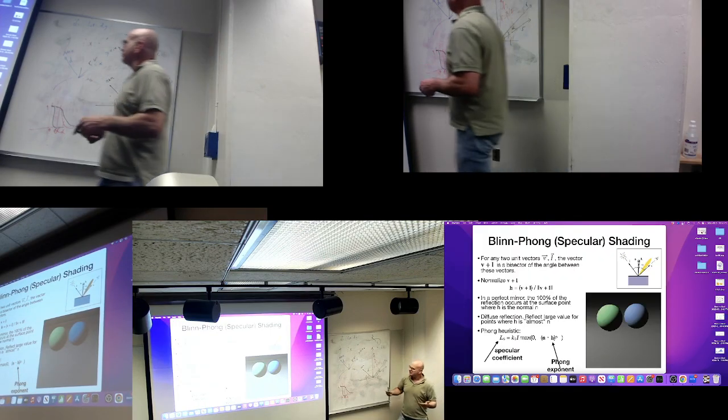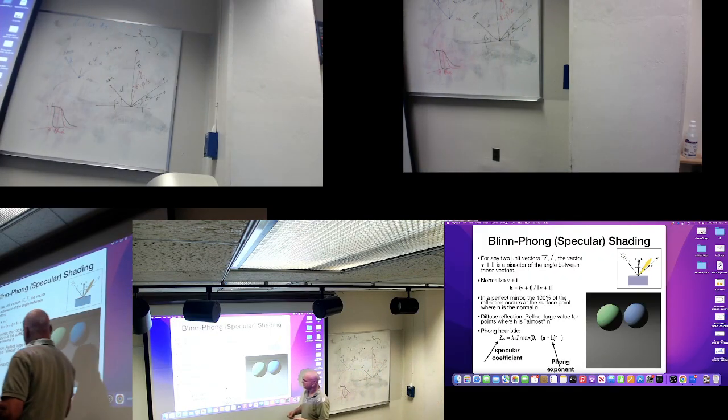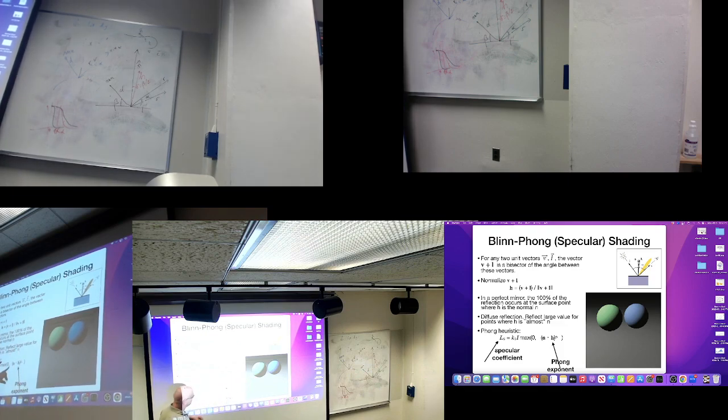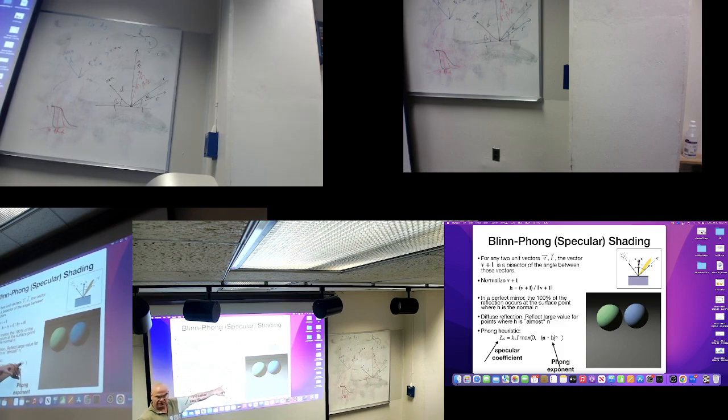Why? Because I want to use dot product as much as I can. So at the end of the story, V is something that you can compute, the direction to the viewer, the direction to the camera. L is something that you can compute, the direction to the light, to the sun. Take their average and normalize.